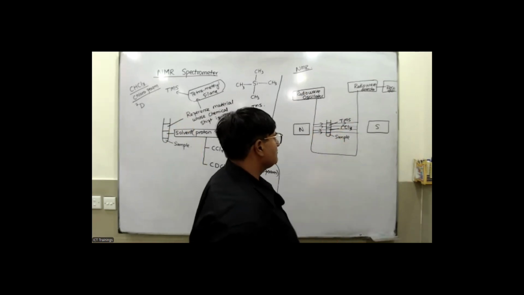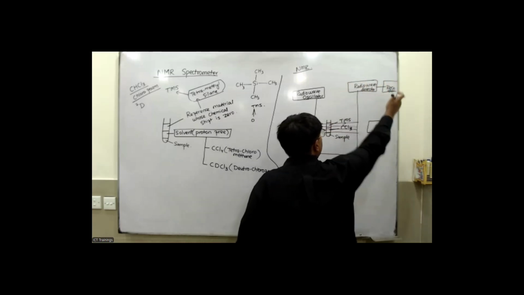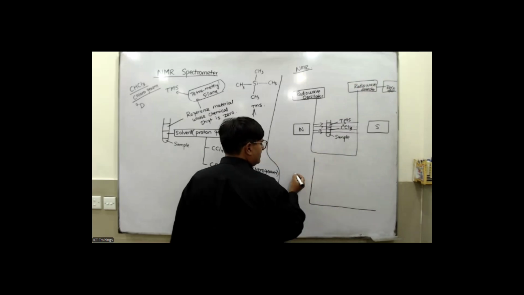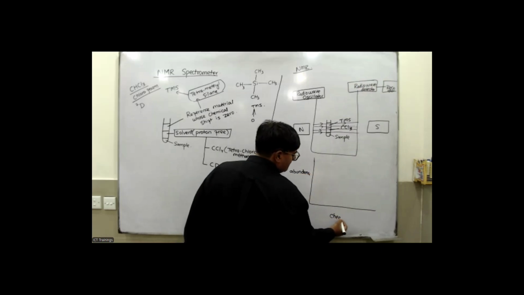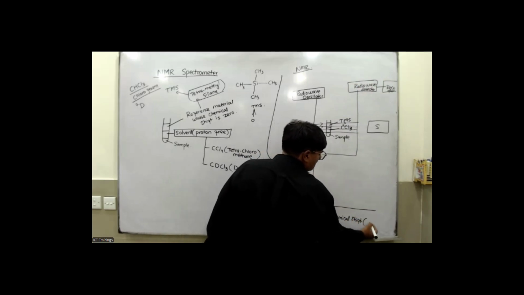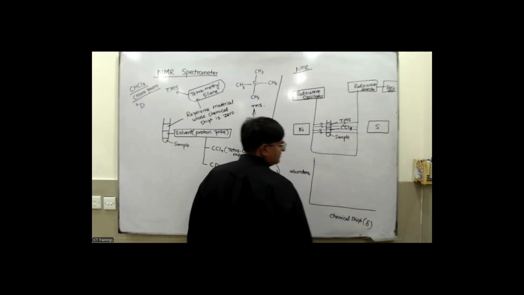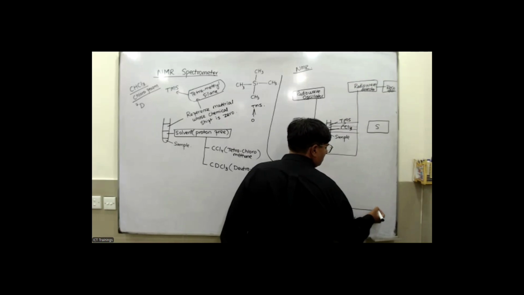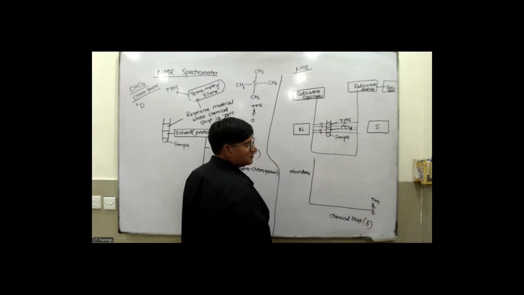Okay. So now when they are absorbed, the detector is going to detect it, and the recorder is going to record it in a graph. So here we got the abundance, and here we got the chemical shift. And chemical shift is denoted by this symbol like that. So the first peak formed is of TMS, and from that place the zero starts.